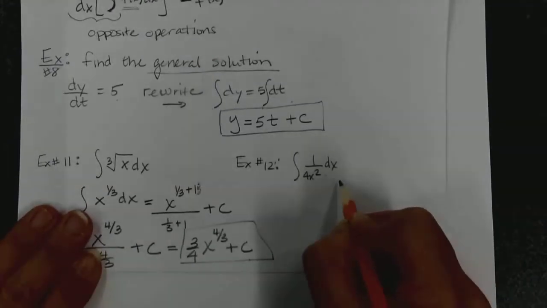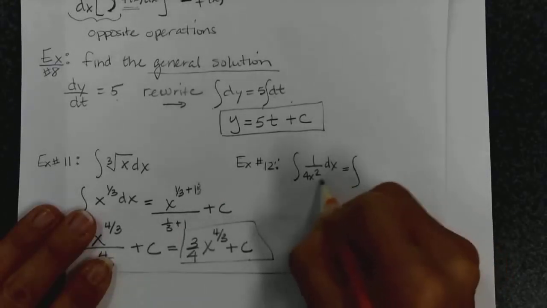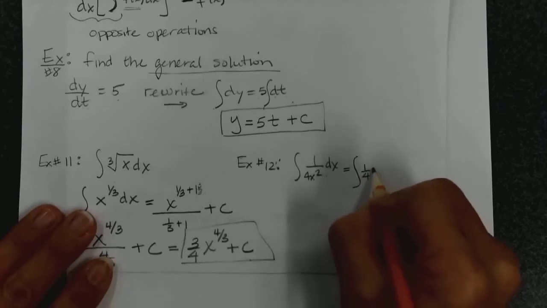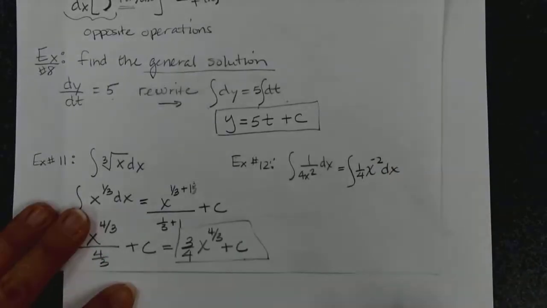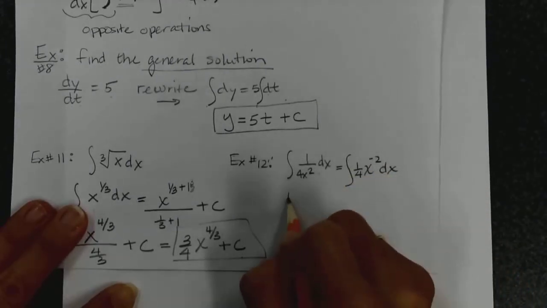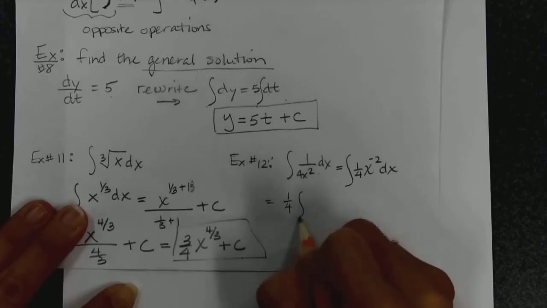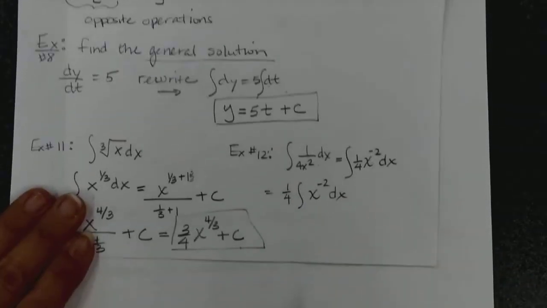Here's number 12. I can rewrite this again. I'm going to do the antiderivative, and this becomes 1/4 x to the negative second power with respect to x. So we're going to pull out the 1/4 and just integrate x to the negative second power dx.